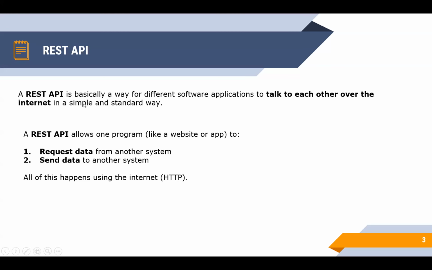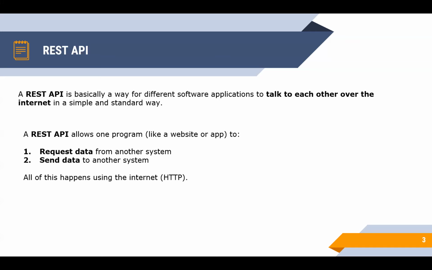So REST API is basically a way for different software applications to talk to each other over the internet. REST API allows one program to request data from another system and send data to another system. In the software world, REST API is playing a very important role.